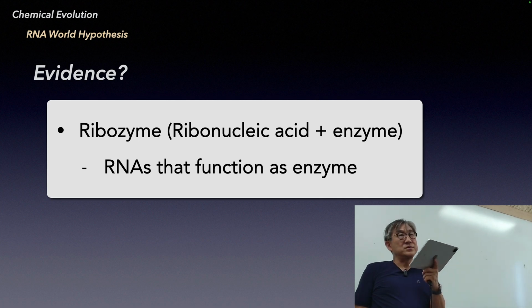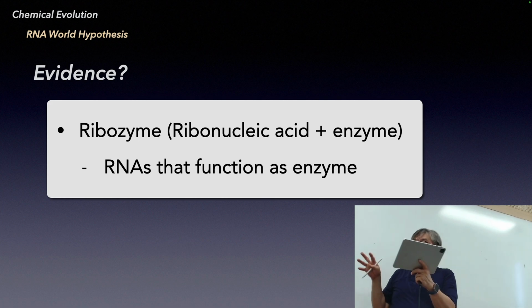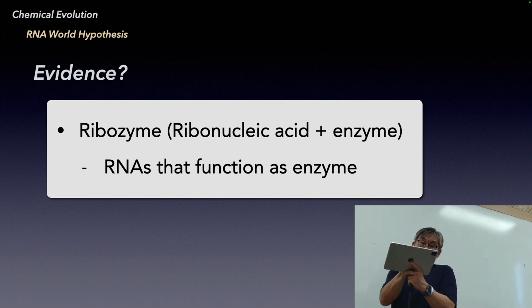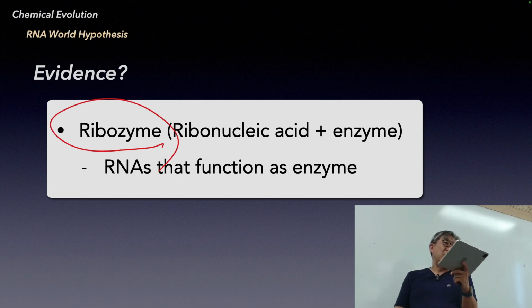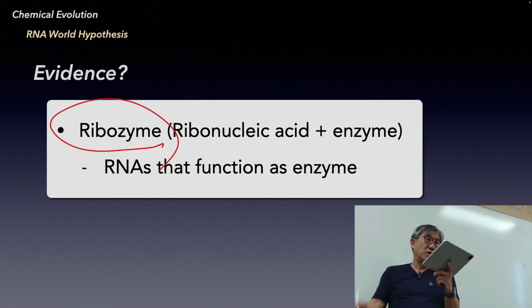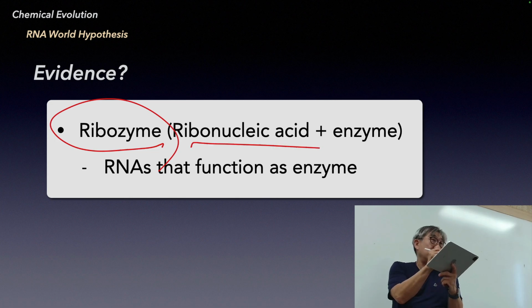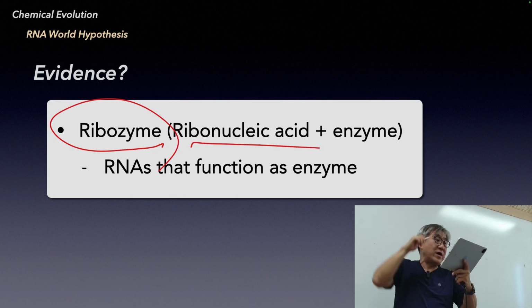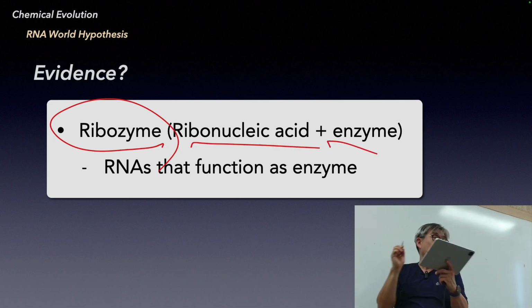Yes, there is evidence actually. Nowadays, some RNAs display this dual function. Those are called ribozymes. The word was coined from RNA, whose full name is ribonucleic acid, plus enzyme.